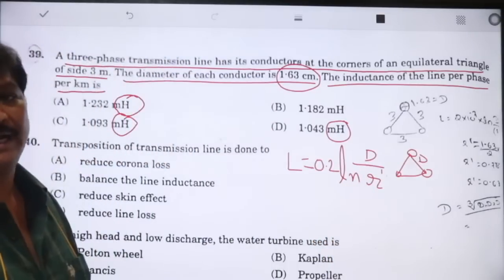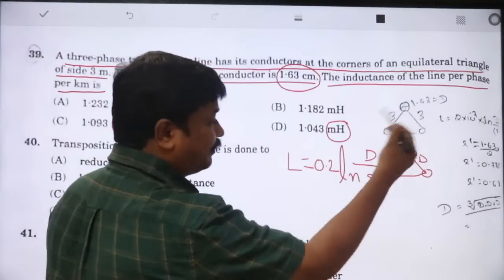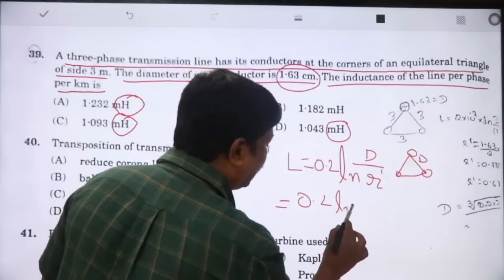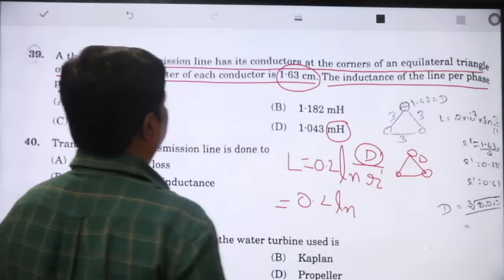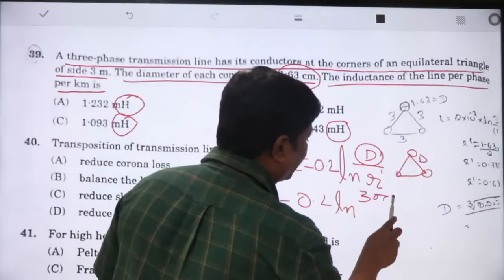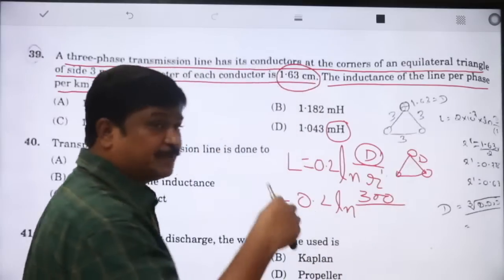So this is millihenries per kilometer. So 0.2 ln, how much d? What is the distance? They gave 3 meters, you can substitute 300 centimeters like that, divided by r dash. What does r dash mean?